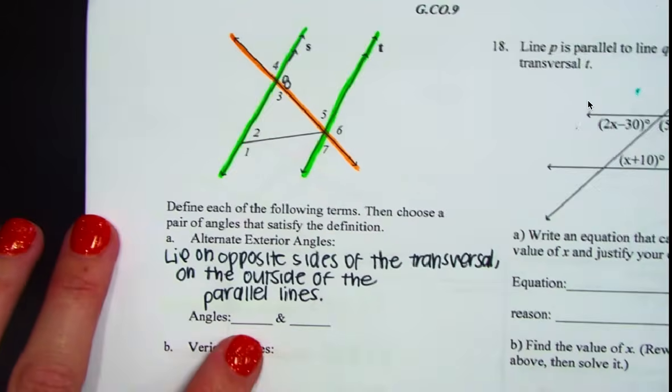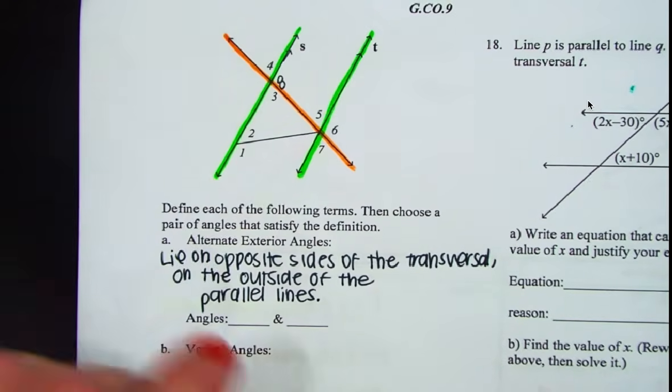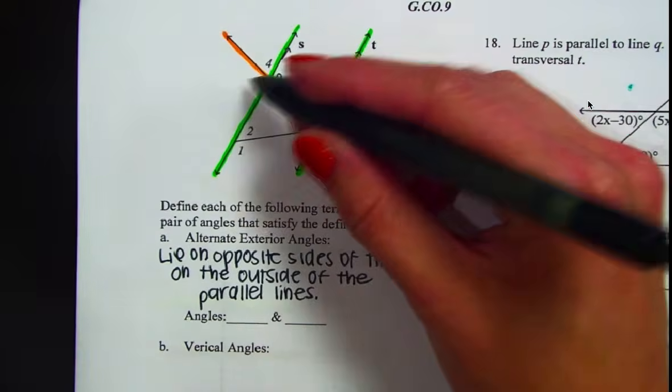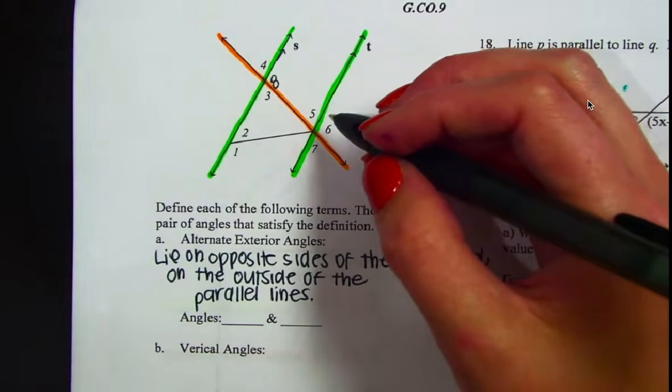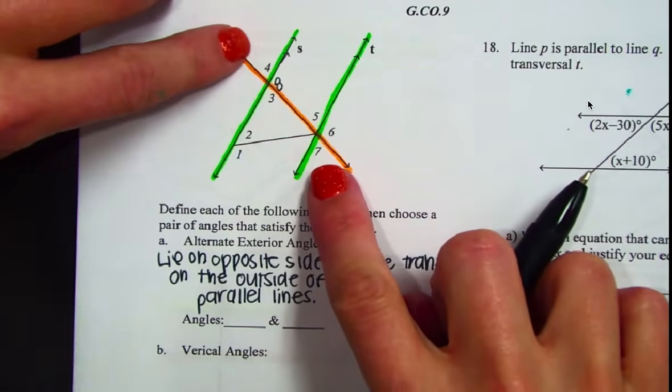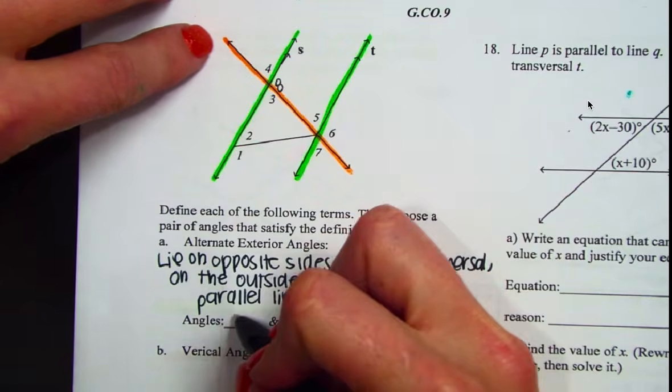So we're looking for angles that lie on opposite sides of this transversal, which is here in orange, outside of the parallel lines. So an example of that would be angle 4 and angle 7.